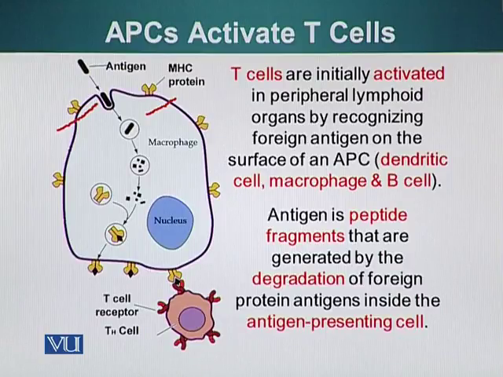Small pieces of this bacterial protein will be grabbed by MHC molecule. This MHC protein molecule will then be moved to the surface of this antigen presenting cell, and that little protein fragment will now be displayed to the T cells for recognition on their surface. Here, for example, is the T cell, and here is the T cell receptor shown here in red, right here. So let's see what happens from there on.